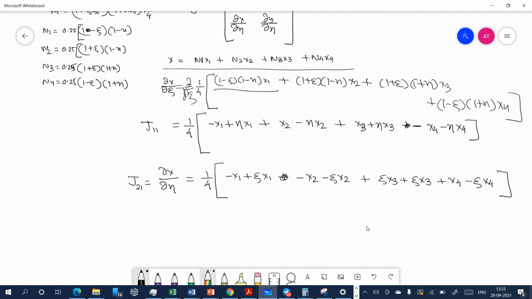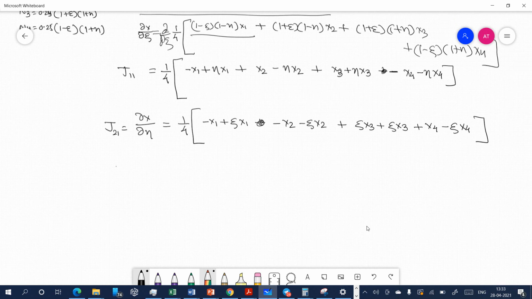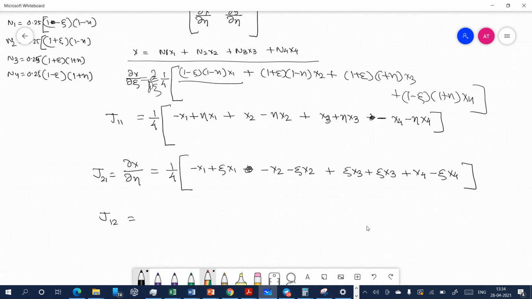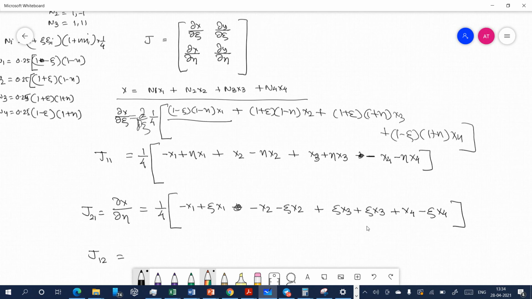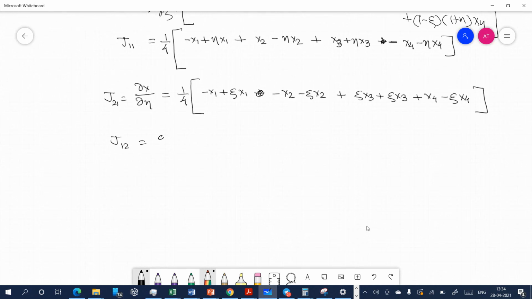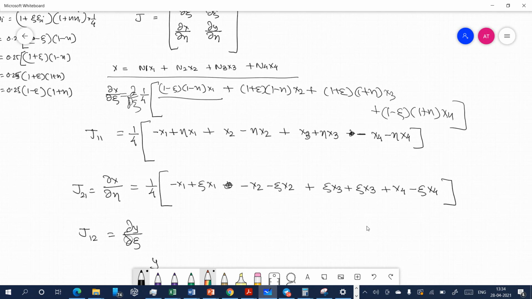Similarly, we can find out J12. What is J12? J12 is del y by del zeta. For this, we need to find out what is y. So y will be what? Y will be simply this, simply that, and we just have to replace x1 with y1, y2, y3, y4, right?